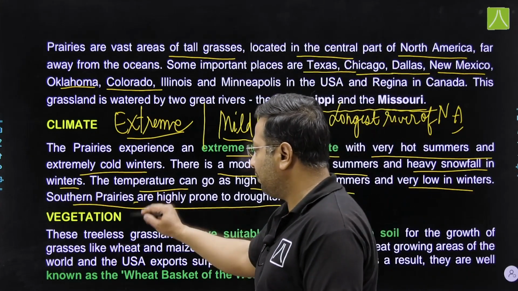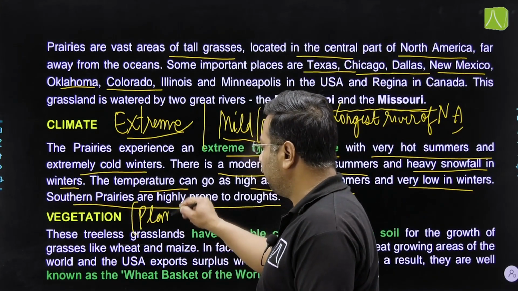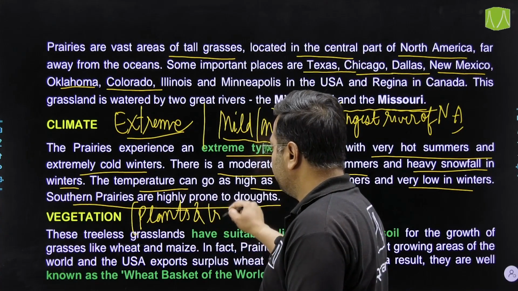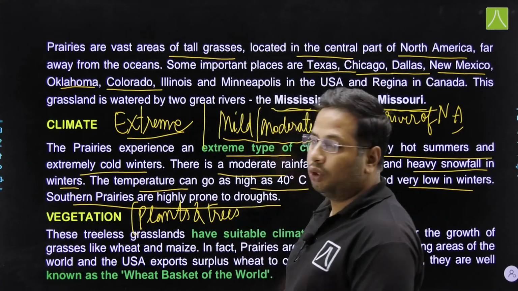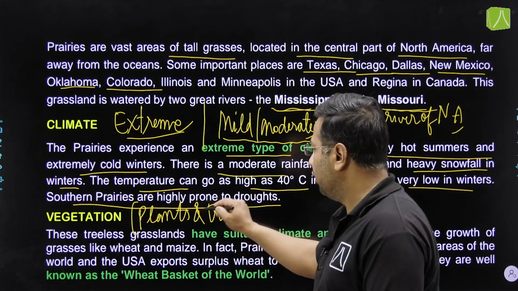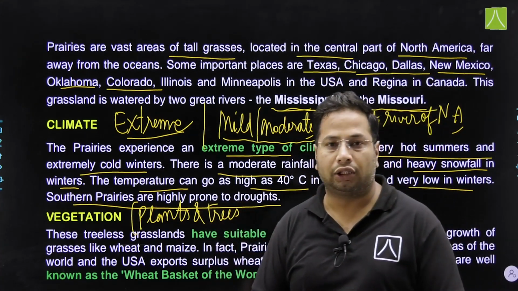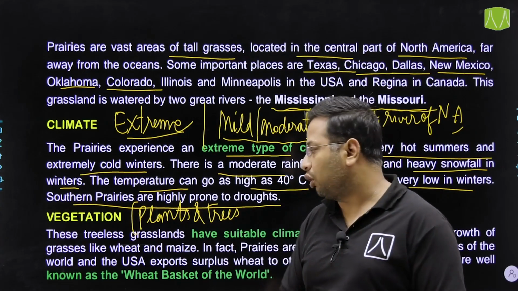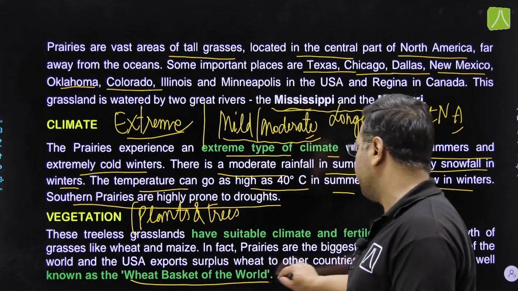Then we have vegetation, that means the plants and trees which are found here. We already discussed that this is a region which is extensively used for agriculture nowadays, and it is also called the wheat basket of the world.